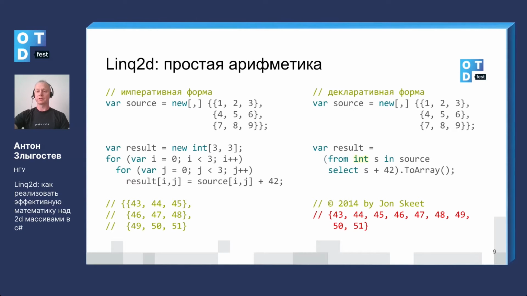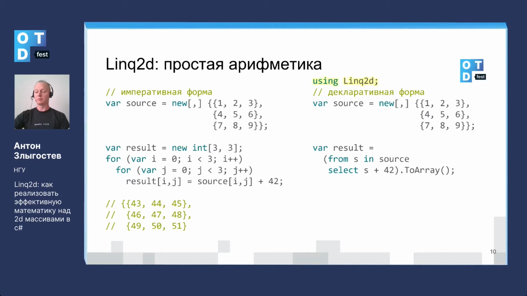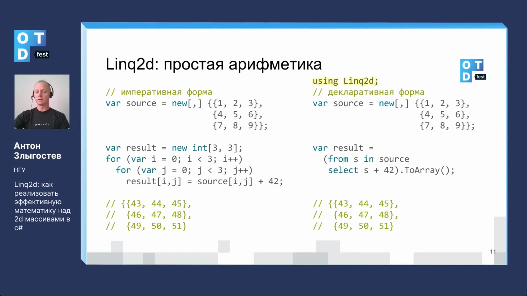And this allows us to understand that as we use our enumerable, we get a collection that has all the elements. So if we add the Linq2d library, then the same code will compile into a correct result.